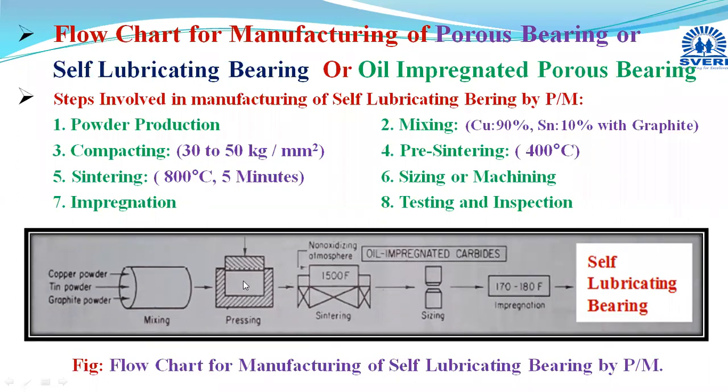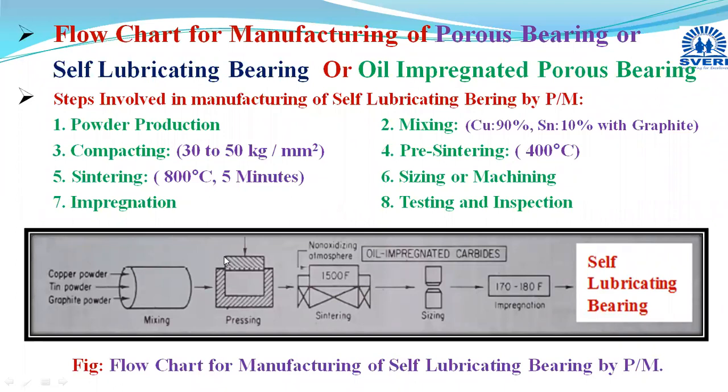In this compacting stage, the uniform and homogeneous mixture you obtained in the mixing stage is poured in the metal die cavity with the help of a feed shoe or a hopper, and its volume is adjusted. Powder volume is adjusted by raising or lowering the lower punch or lower plunger of that metal die cavity.